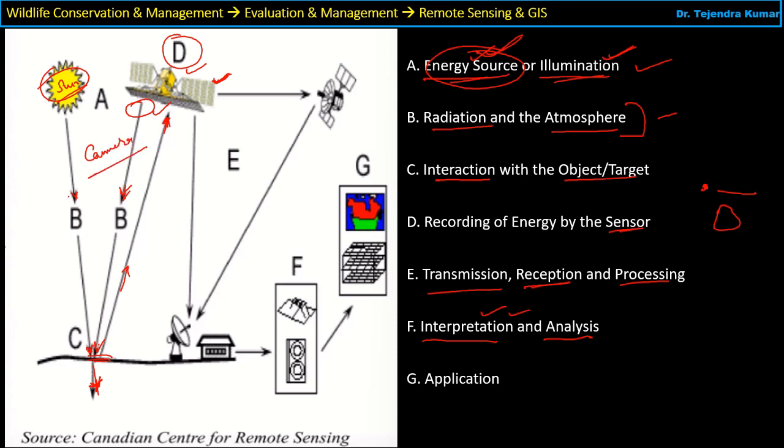I'm giving one example: when you are taking pictures in sunlight, you generally do not turn the flash on, right? Your camera flash is off at that time. But if you are taking pictures in complete darkness, where you are not able to see anything, then you turn the flash on.